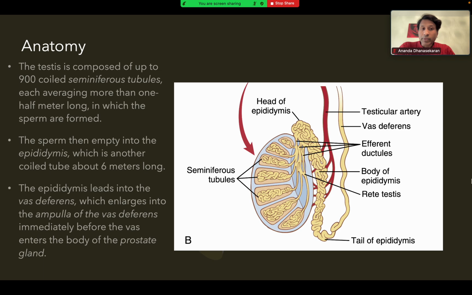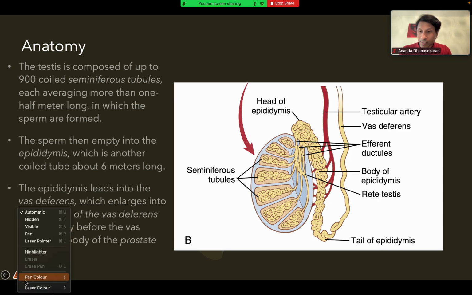Let us start from the anatomy of the testes. As you see here, follow the arrows. I will try to use the laser pointer also so that it is much easier to follow. So this is the testes.